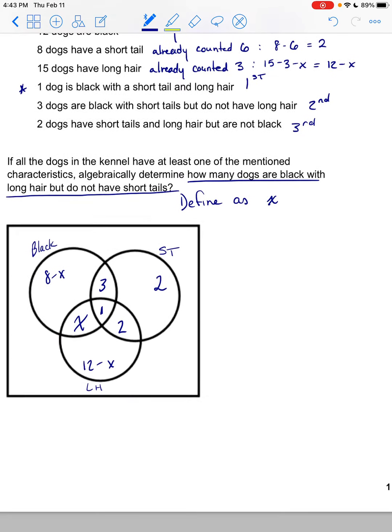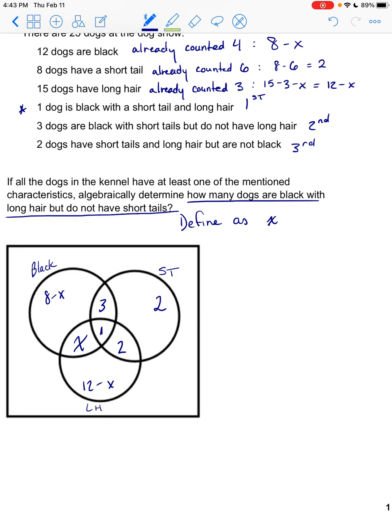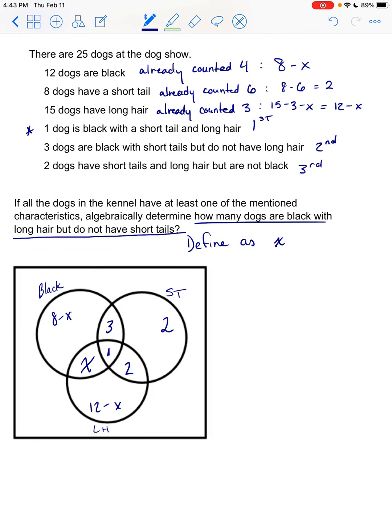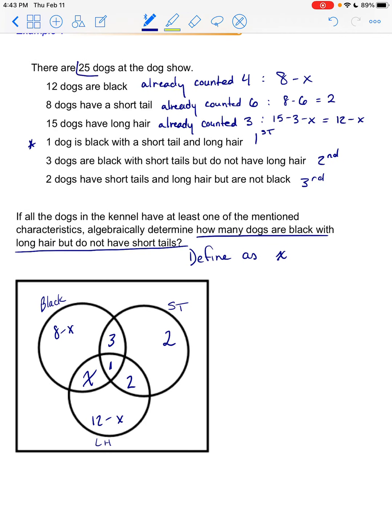So how do we set up an equation? Well, let's go back. We know how many dogs there are total: 25. So we should be able to say every dog added up here in each of these subsets, all combined together, should be 25.